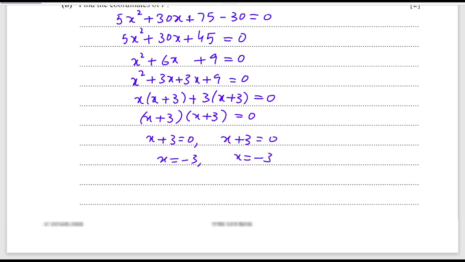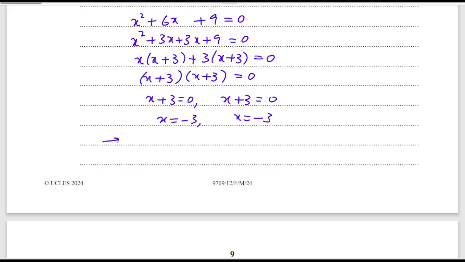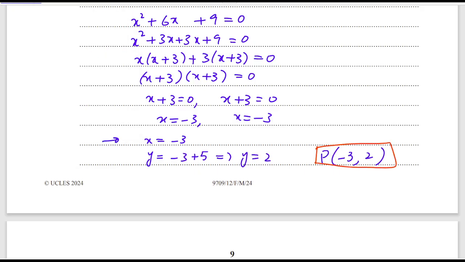So we get only one x value, which indicates that there is only one point at which line intersects the quadratic. Using x equals negative 3 in the equation of line, we have negative 3 plus 5, means y is equal to 2. So the point P is x is negative 3 and y is 2. This is the required point where the line intersects the quadratic.